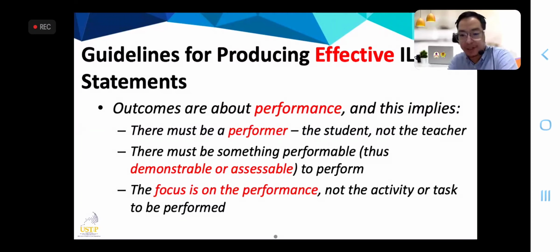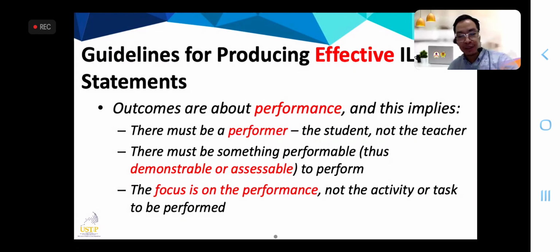Like in a play or in a concert, you're not interested in how they vocalized every day, how they prepared their outfit, how they practiced their performance. As an audience in a concert, you're only interested in how they perform during the concert.